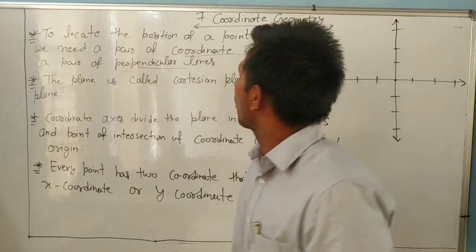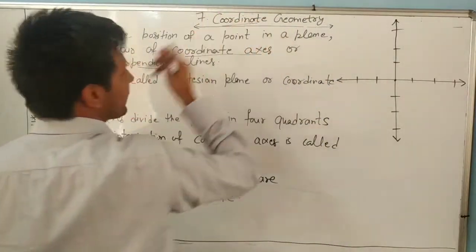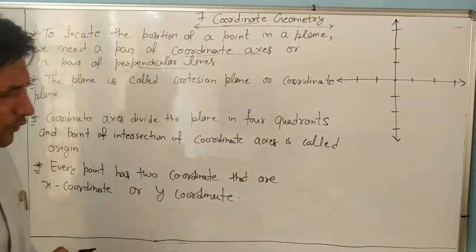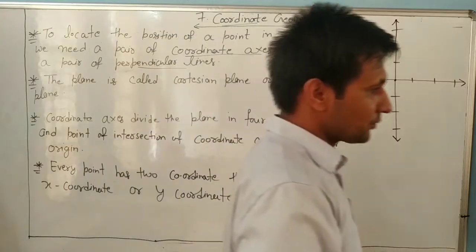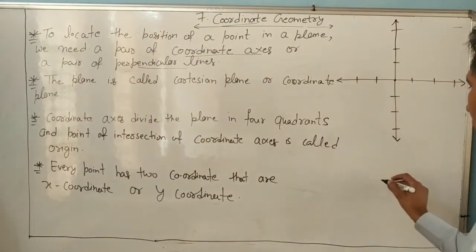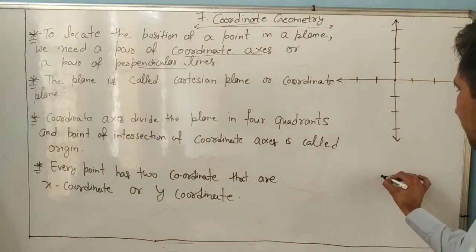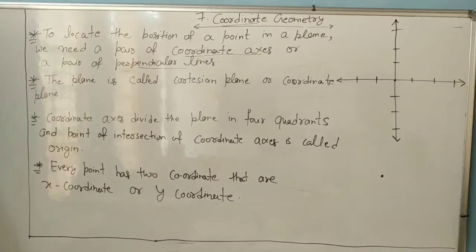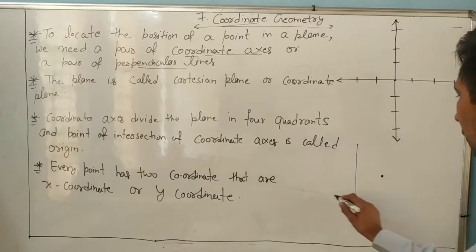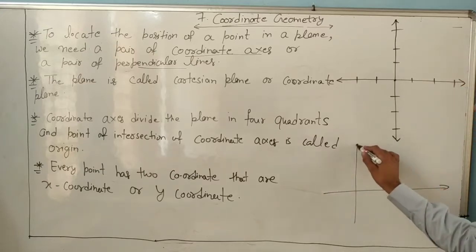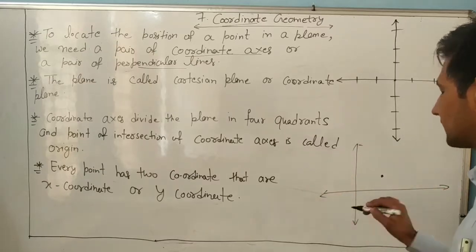First thing is coordinate geometry. What is coordinate? So look, if I ask you to please denote the position of this point, if we want to find the position of this point, we always need 2 perpendicular lines. In 8th class, do you remember, in 9th class also?